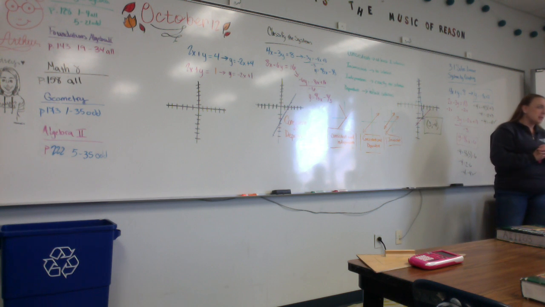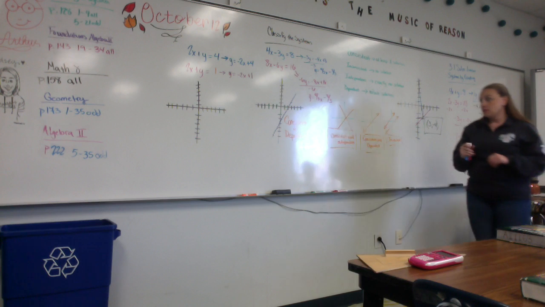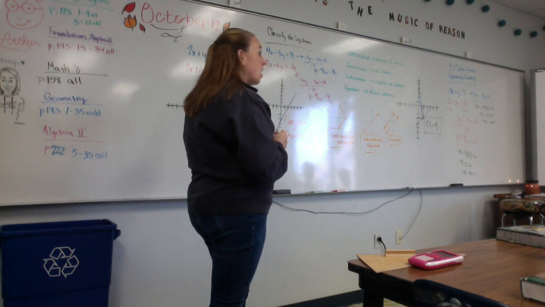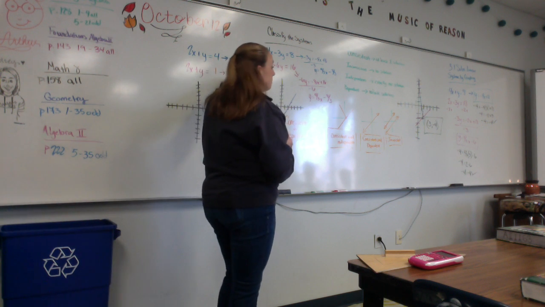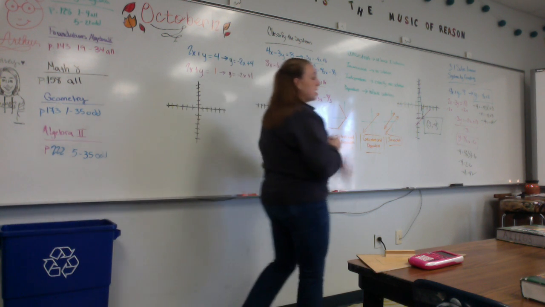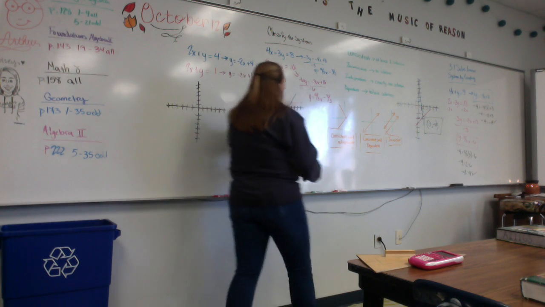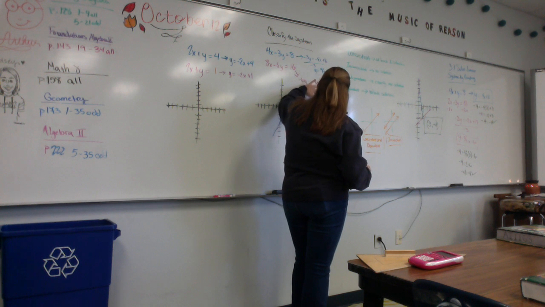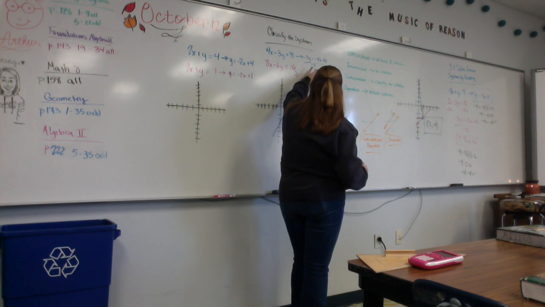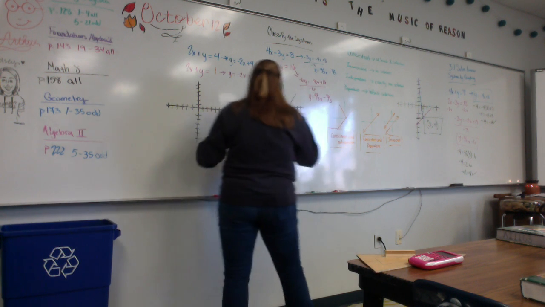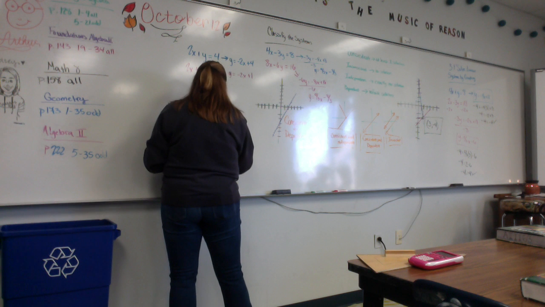So what type of lines are they? Parallel. If they're parallel, what are they classified as? Inconsistent. So do I even have to graph those if I can recognize that? No. If you can recognize that these slopes are exactly the same and they are parallel, you can just write inconsistent and save yourself time. If you can recognize that these have the same slope and the same point, you don't have to graph it either. So this one here is inconsistent.